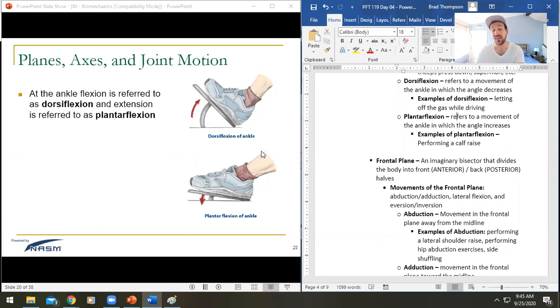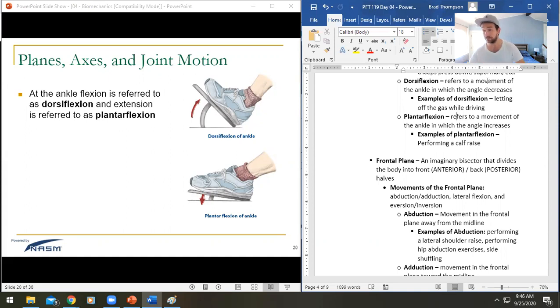If you think about a gas pedal, dorsiflexion is where the toe is coming up towards the shin. Plantar flexion is where the toe is going away from the shin. When I raise myself up onto my toes, I'm pointing my toes down. That's plantar flexion. But if I bring my toes back towards me this way, that's dorsiflexion.